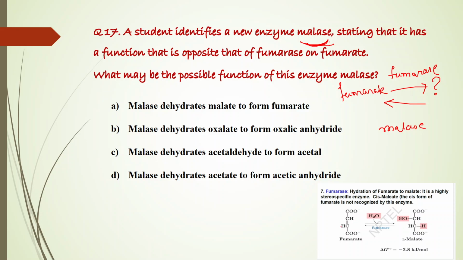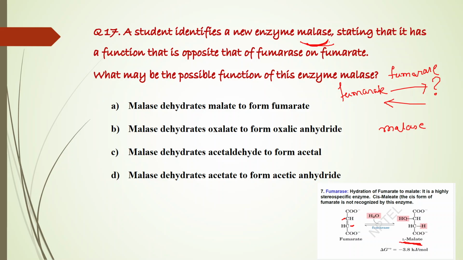You can see here is a double bond. Fumarase does a hydration reaction, due to which you can see there is an addition of OH to this carbon atom and the hydrogen from this H2O to this carbon atom, resulting in the formation of malate. So that is the reaction. Now according to this student, malase does the opposite. So what should be the opposite?